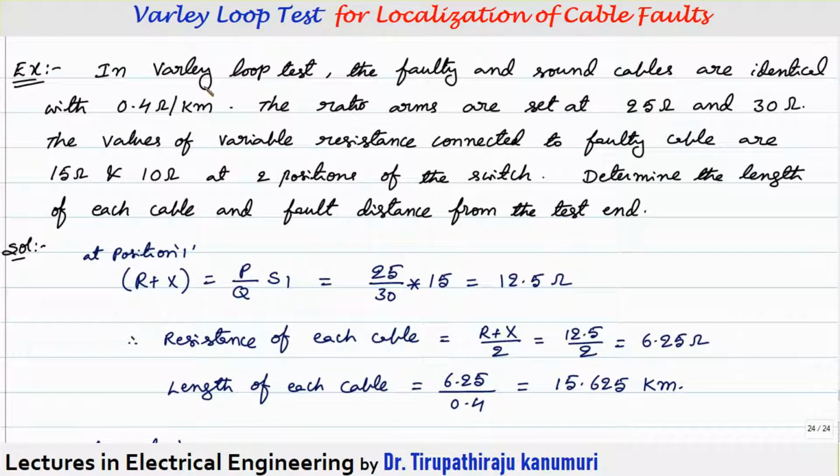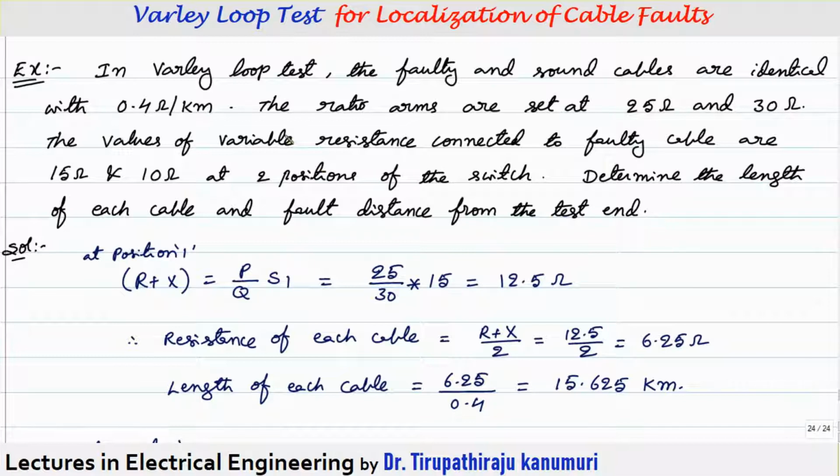In a Varley loop test, the faulty and the sound cables are identical with 0.4 ohms per kilometer. The ratio arms are set at 25 ohms and 30 ohms. The values of the variable resistance connected to faulty cable are 15 ohms and 10 ohms at 2 positions of the switch. Determine the length of each cable and fault distance from the test end.